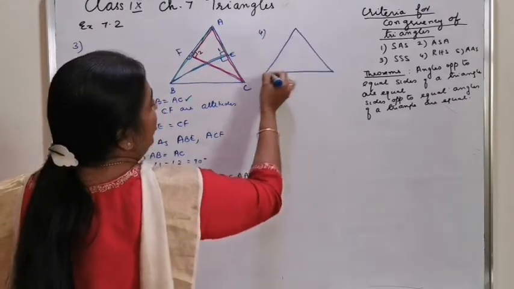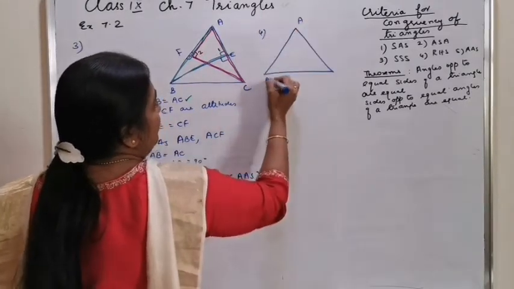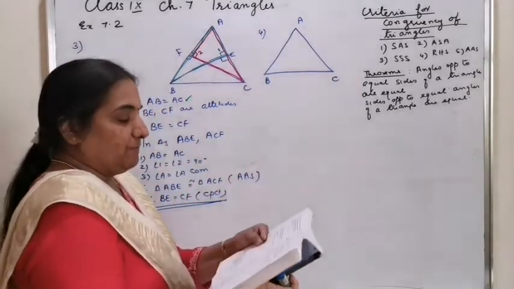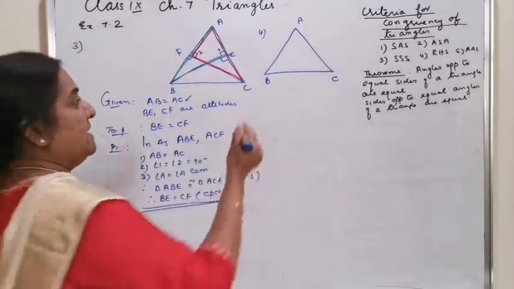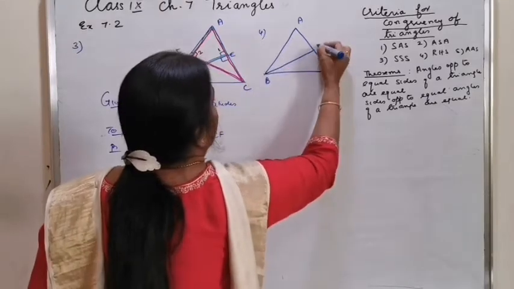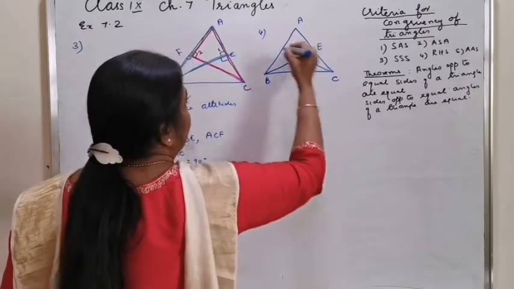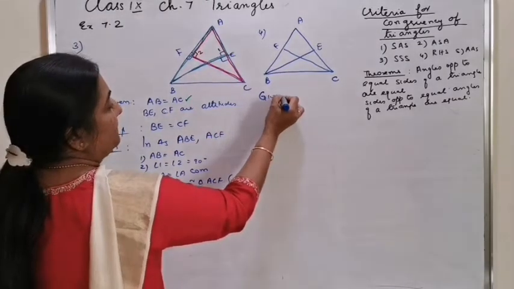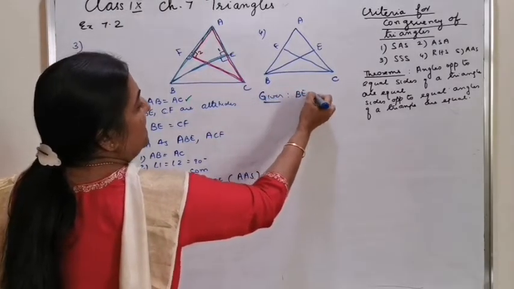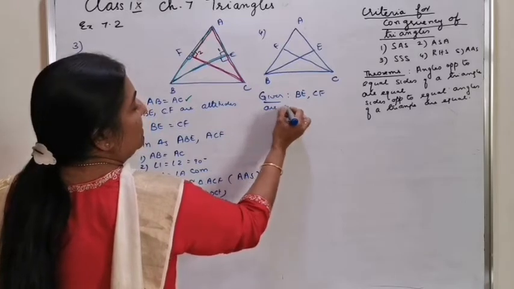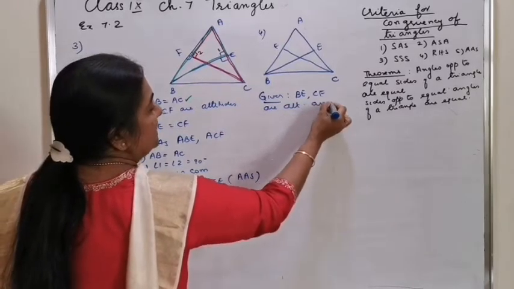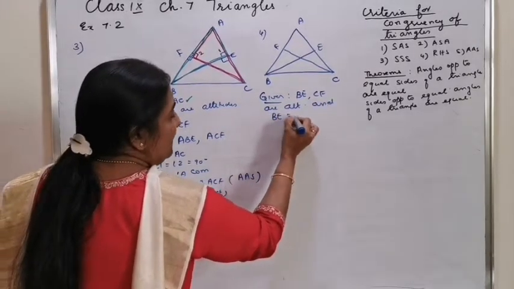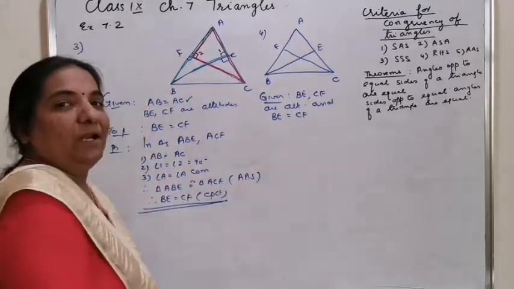You are given triangle ABC and the altitudes BE and CF, the same figure, but the given condition is BE and CF are altitudes, and it is also given that BE and CF are equal.